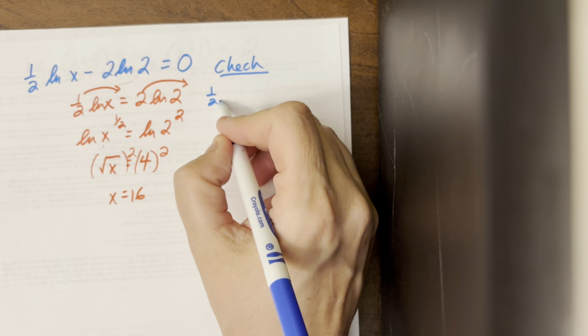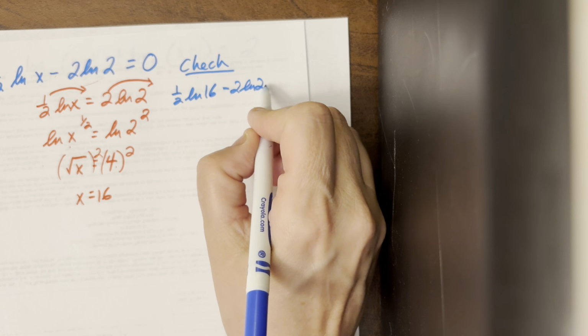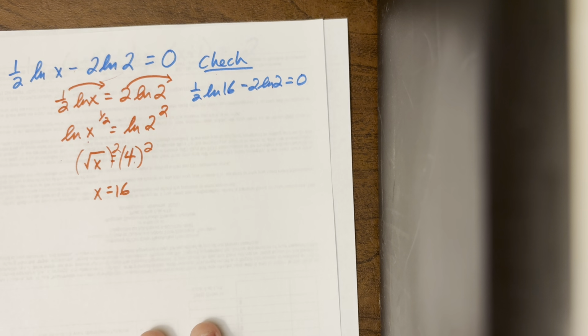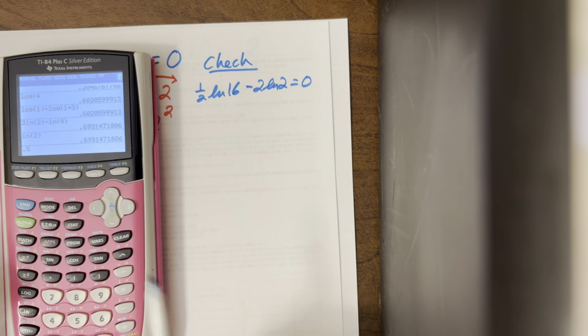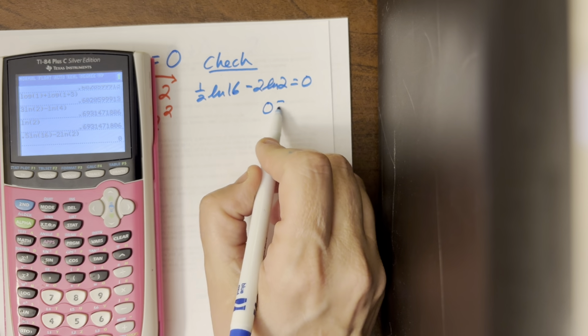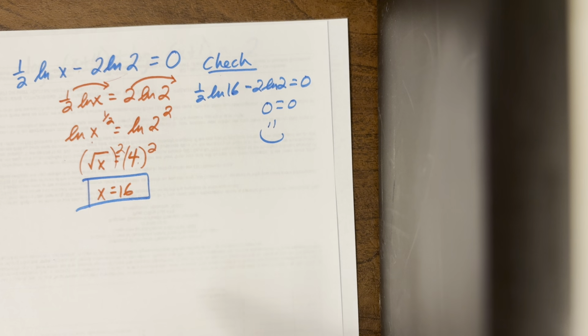I have 1/2 of ln 16 minus 2 ln 2. All right, I've got my substitution. I'm gonna put 1/2 as 0.5 just so it's easier to type. 0 equals 0. That is true. X does equal 16. Awesome.